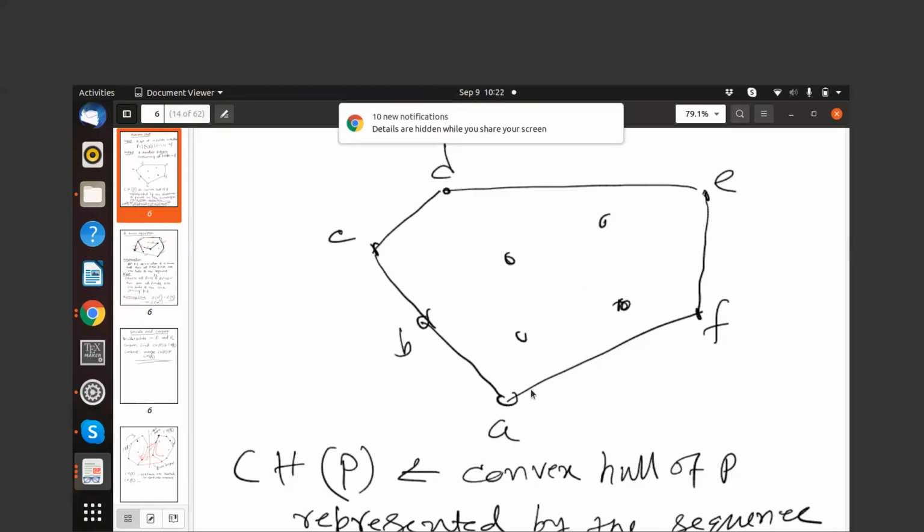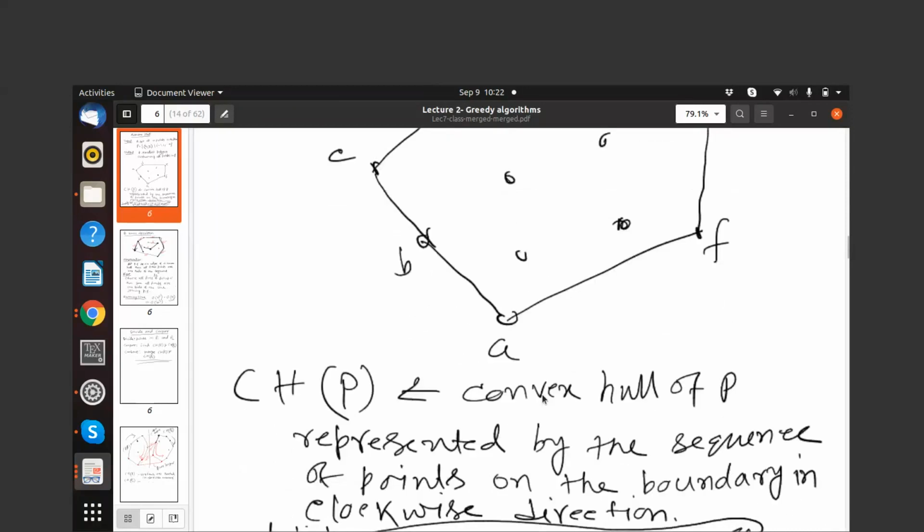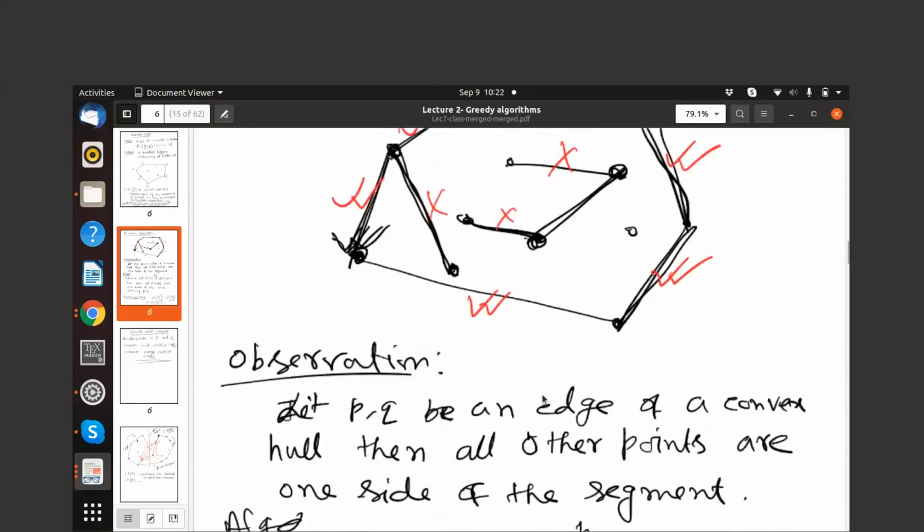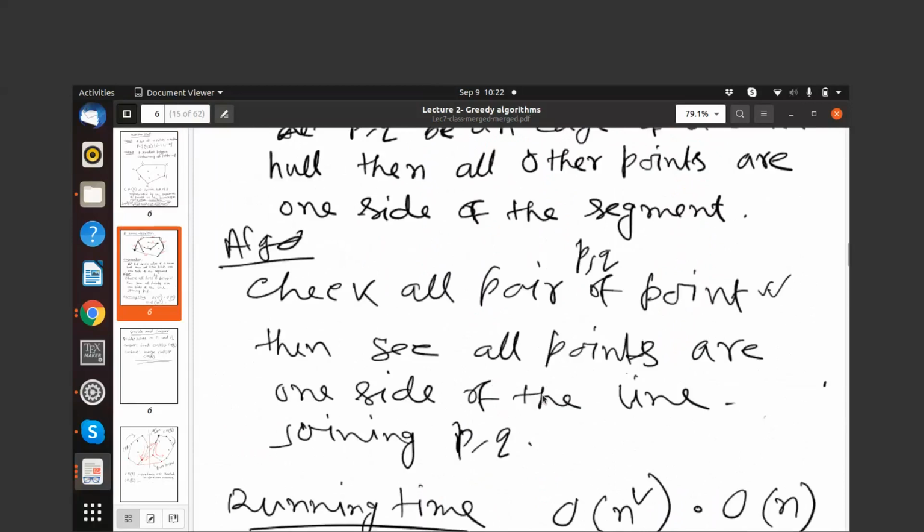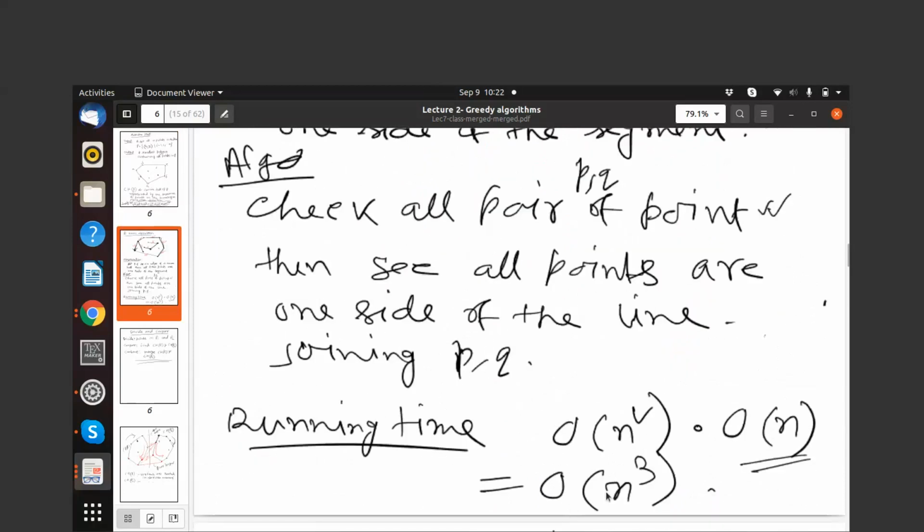That turned out to be big O of n, right? So for each pair of points, we can check whether all the other points are on the same side of the segment in big O of n time, and there are n square many such pairs. So overall, the running time is big O of n cube. Okay, the running time is big O of n cube.